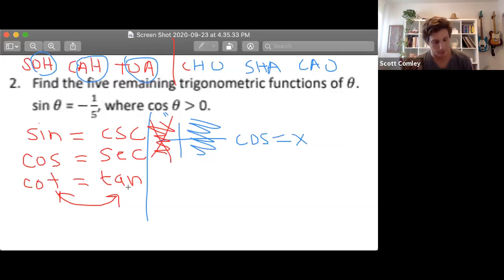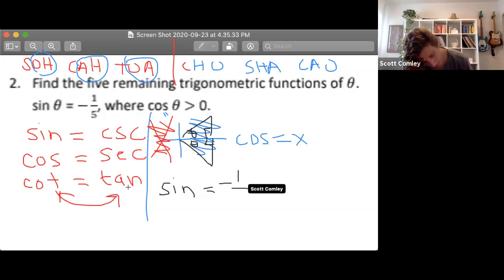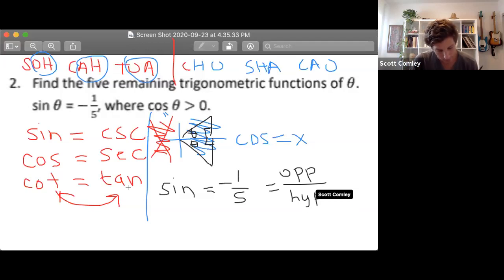And we're going to draw a triangle in a different color here. It's going to be some sort of triangle that looks like this, and our theta is somewhere like this. It's telling us that sine is -1/5. Well, under SOHCAHTOA, sine is -1/5, and that is equal to opposite over hypotenuse.